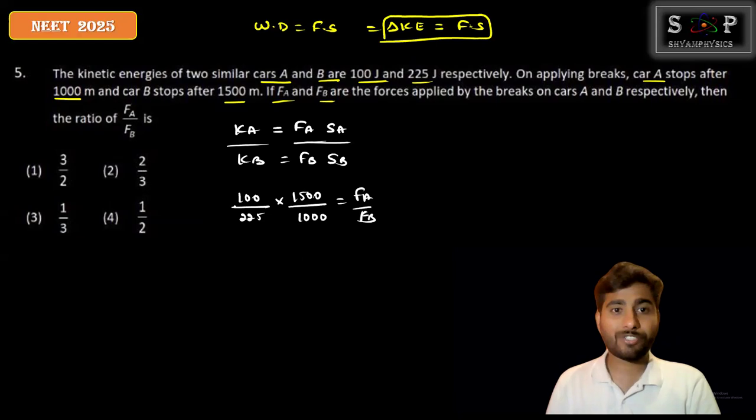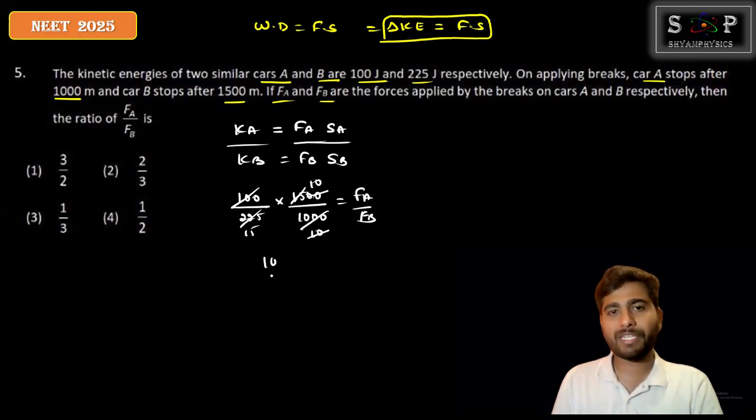Next, it is 10 by 15, nothing but 2 by 3. This is what actually force A by force B is: 2 by 3.